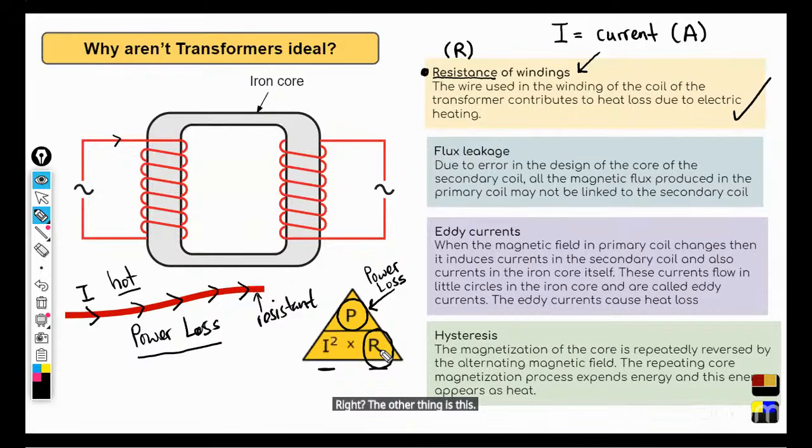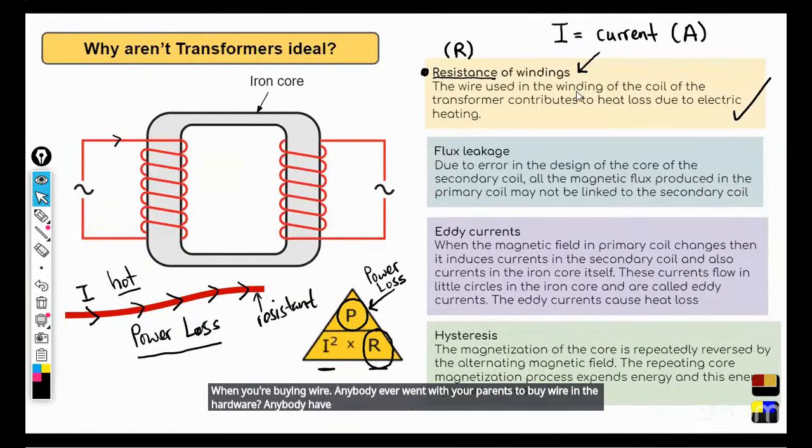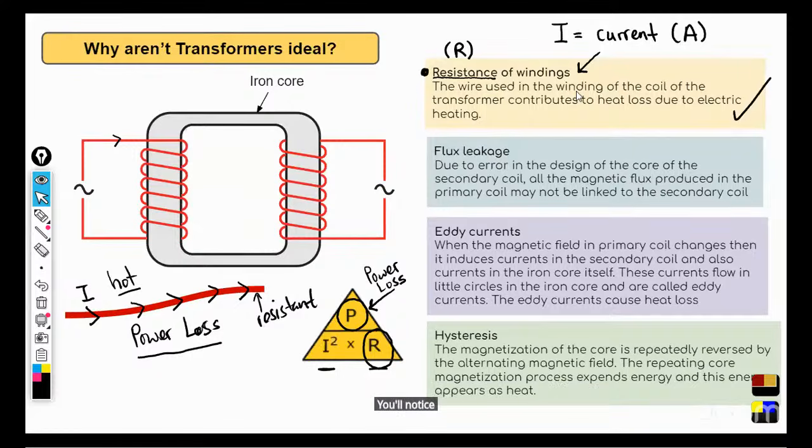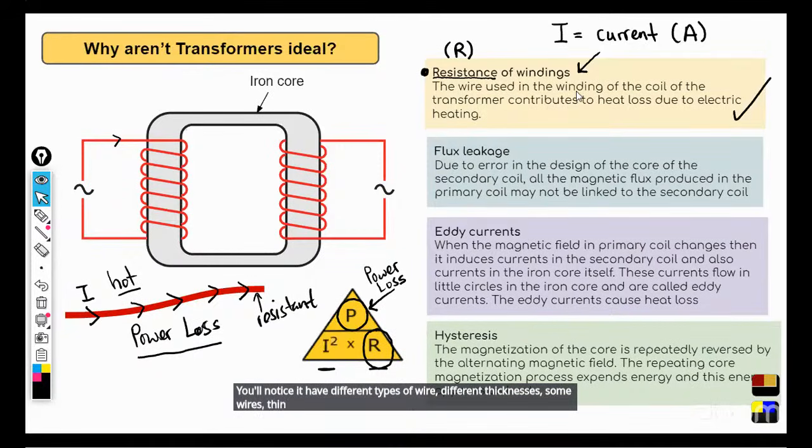When you're buying wire, has anybody here ever gone with your parents to buy wire at the hardware store? Anybody raise your hands? You notice it has different types of wire, different thicknesses. Some wires are thin, some wires are fat, some cheap, some expensive. Quick question.